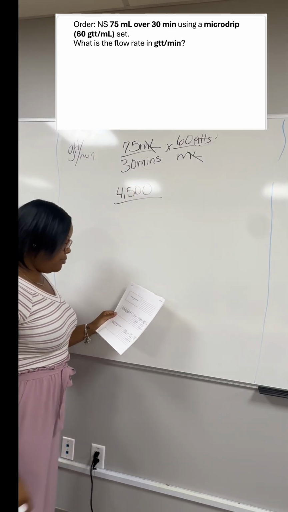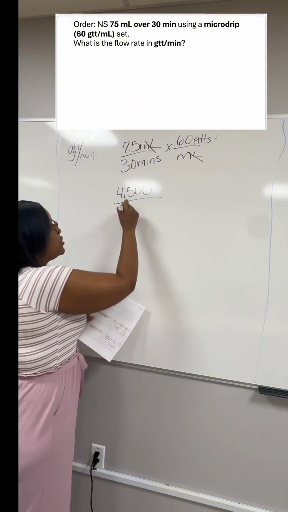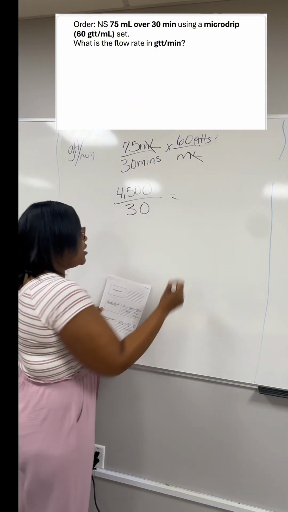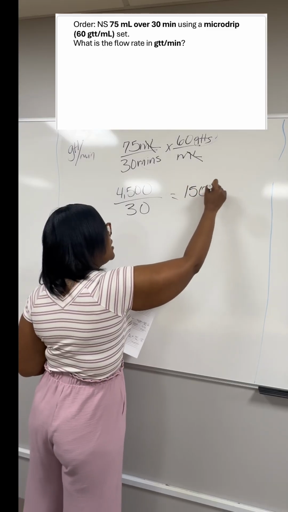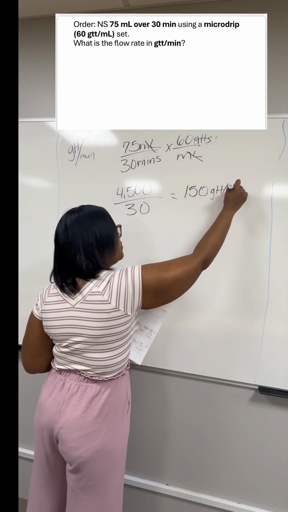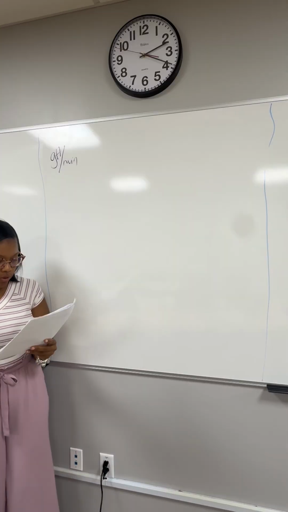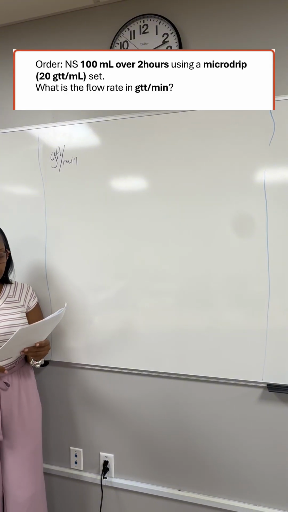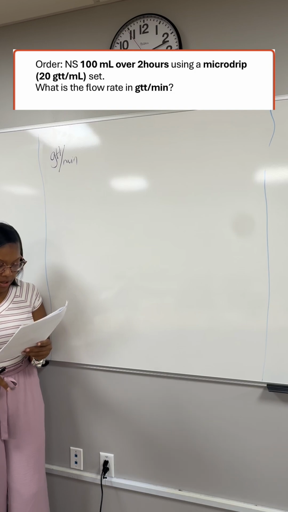Then we're going to multiply 30 times 1, which is 30. After we do that, we should get 150 GTTs per minute.